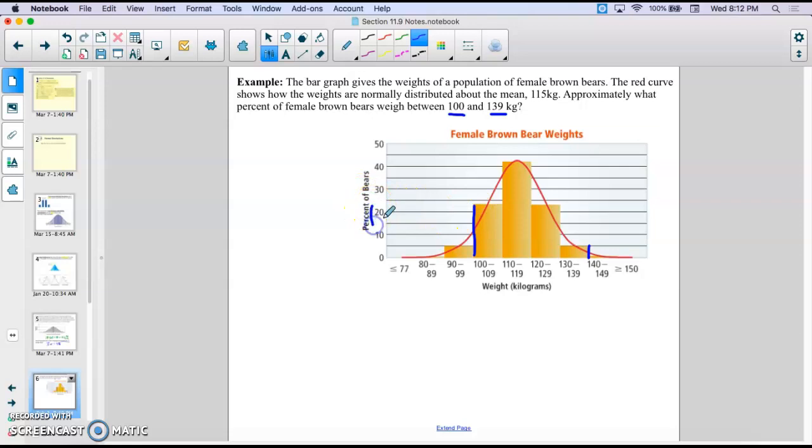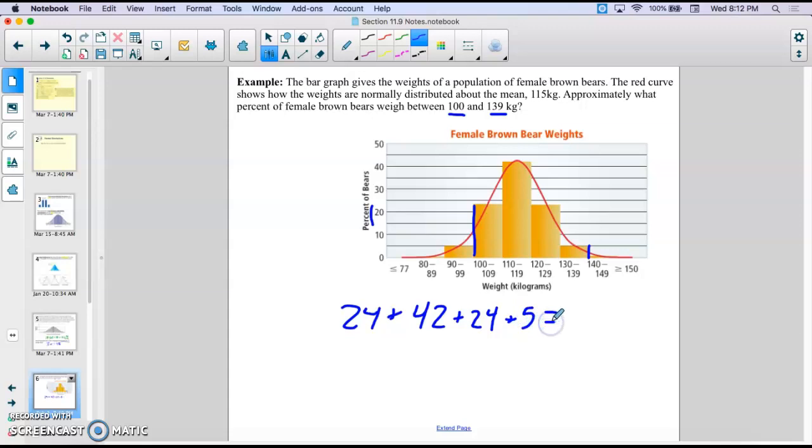Percent of bears, we'll call it 24%, plus, how much is in this one? Probably 42%. And then back to this one, 24 again. Now we're going all the way up to 139, so we also have to include this, which is easy, that's 5.